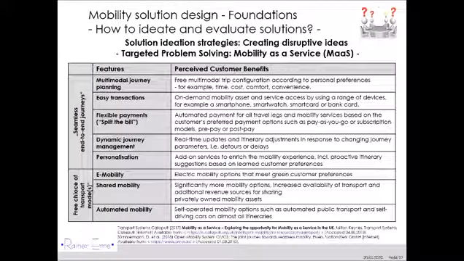And it could also be developed in the mode of targeted problem solving. So the first idea is, what is the unique benefit of mobility as a service? You can identify two unique benefits.